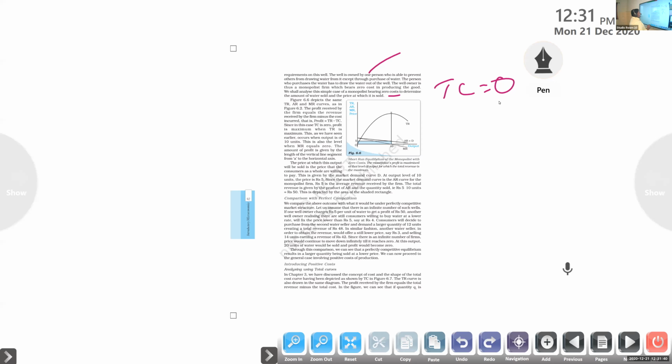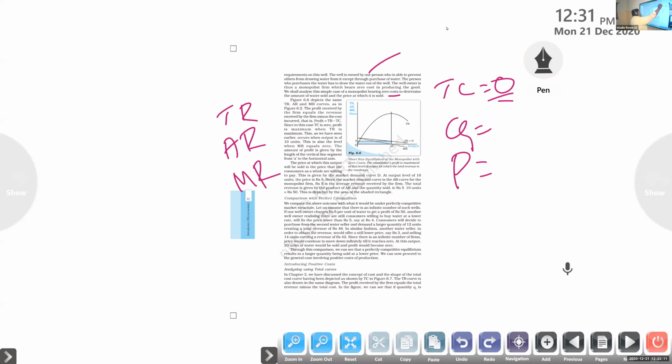Figure 6.6 is an example. It depicts the same TR, AR, and MR curves. So here we can find the TR curve, AR curve, and MR curve: total revenue, average revenue, and marginal revenue. So hope you are well aware of the concept of total cost, variable cost, average variable cost, short run average variable cost.